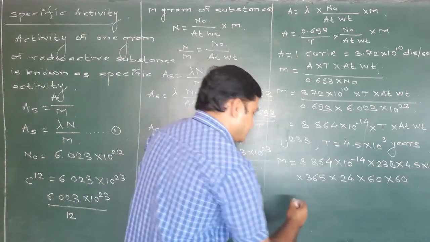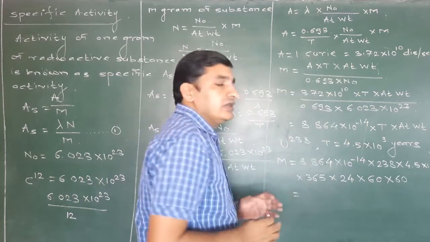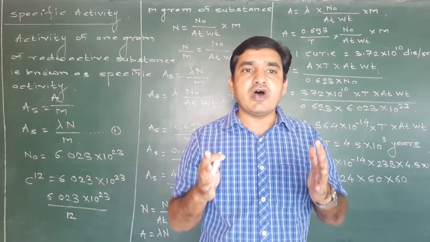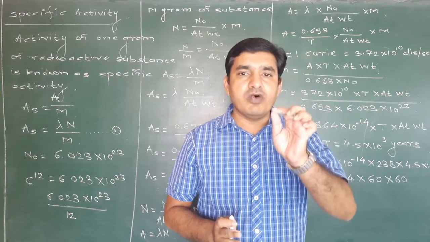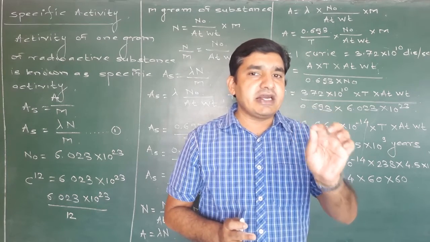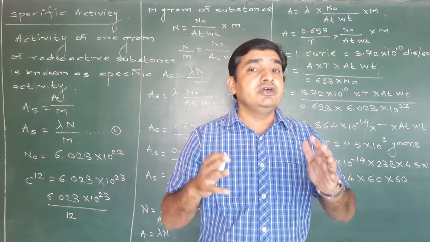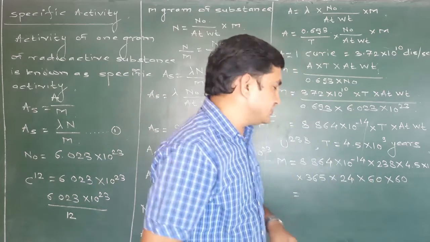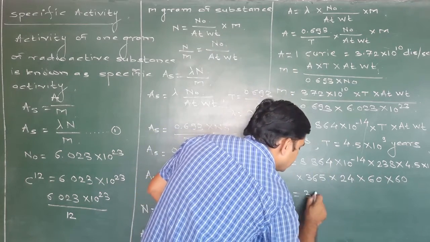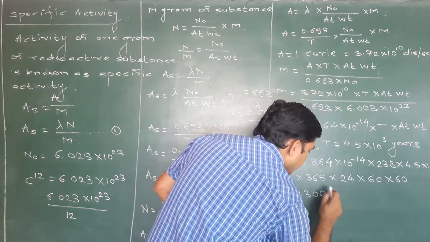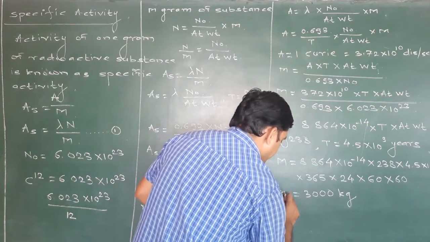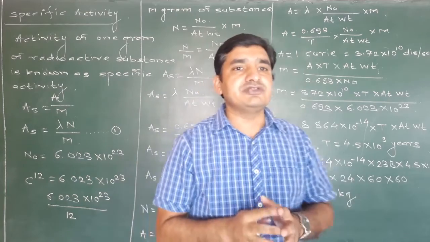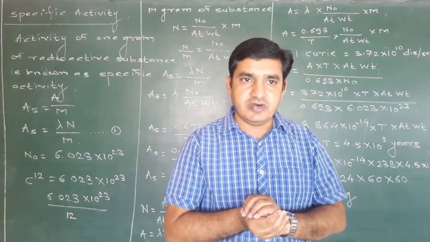Okay, so here the mass of a uranium substance with 1 curie activity is 3000 kg. Okay.